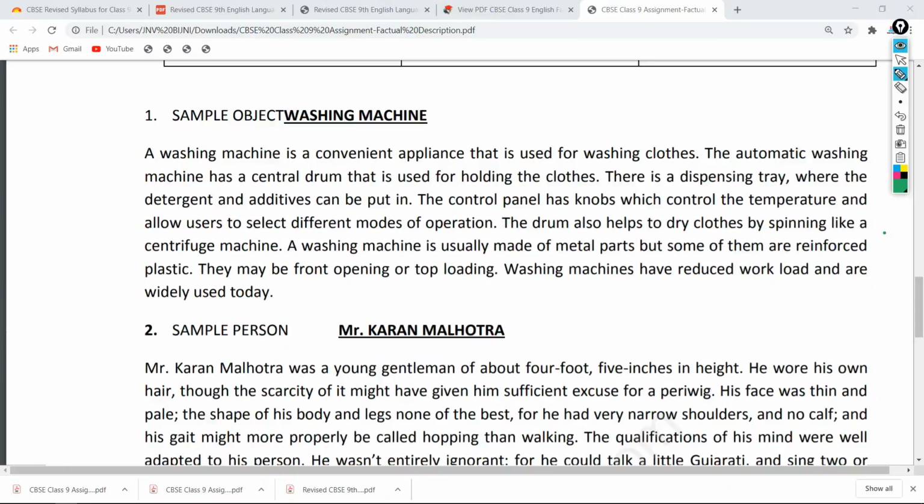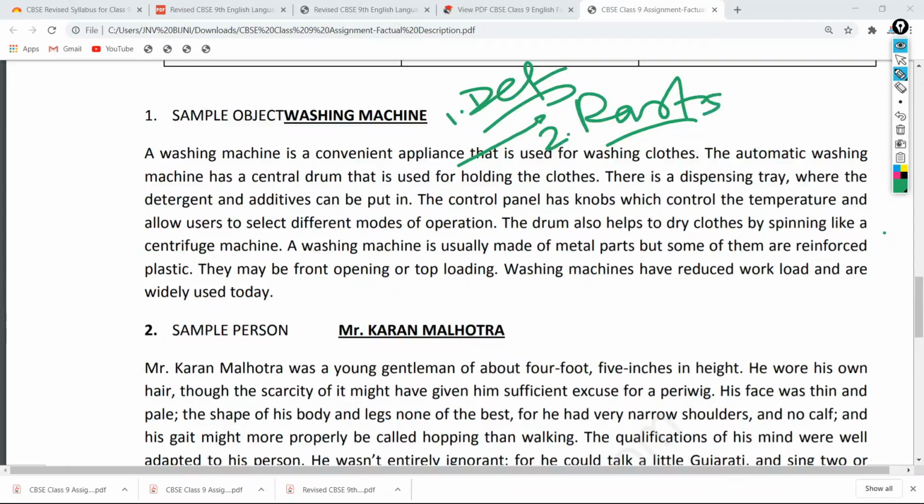After that you write: The automatic washing machine has a central drum that is used for holding the clothes. Now you are going to the components, the parts of it. First you write the definition, then you go to the parts or components.